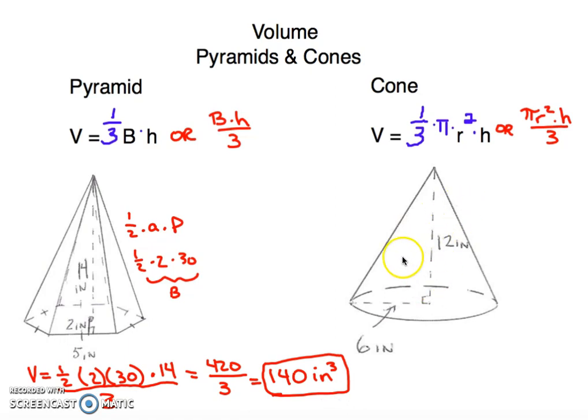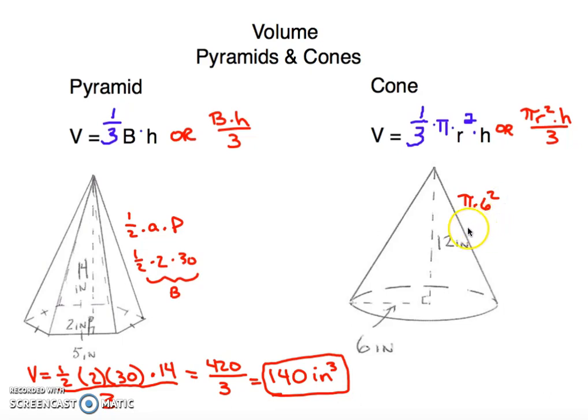For a cone, again, notice in the cone we're using height and not the slant. The slant is for lateral area and surface area for both a cone and a pyramid. So here's my cone. I'm going to set up pi times r squared, which in this case is 6. So we have pi times 6 squared times the height.